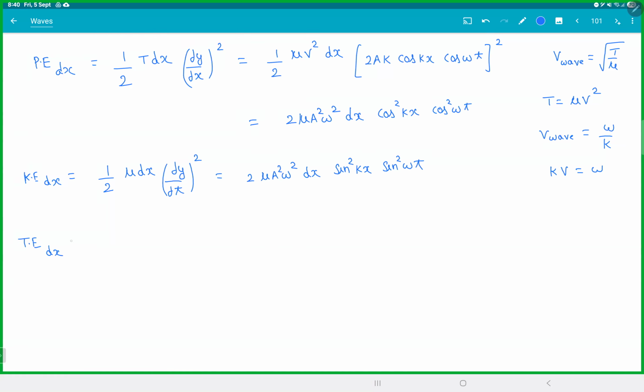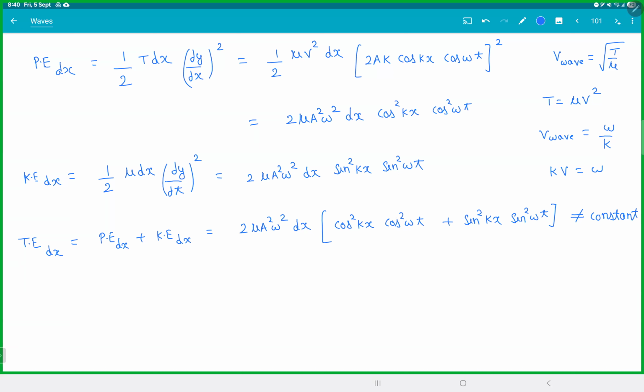The total energy of dx will be 2 mu a square omega square dx times cos square kx cos square omega t plus sine square kx sine square omega t. And you can clearly see this is not constant. That means in a stationary wave, if you take a small segment, energy is not constant.